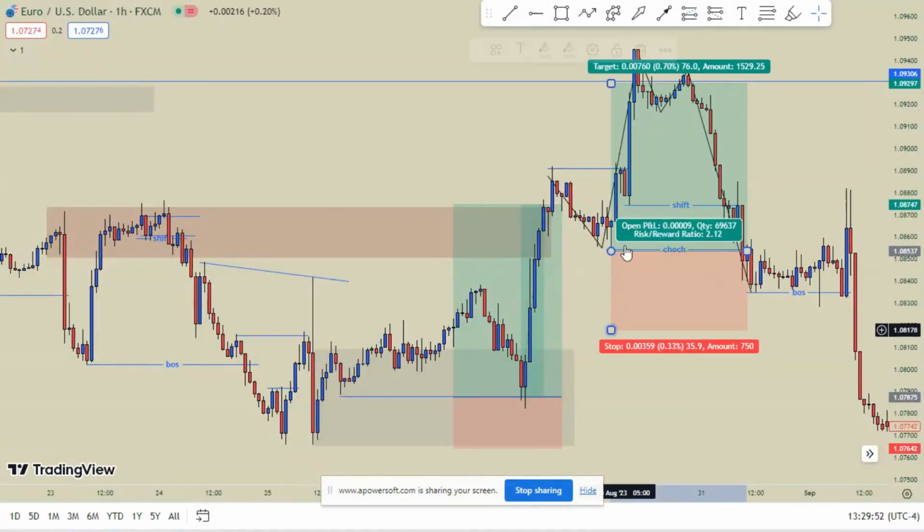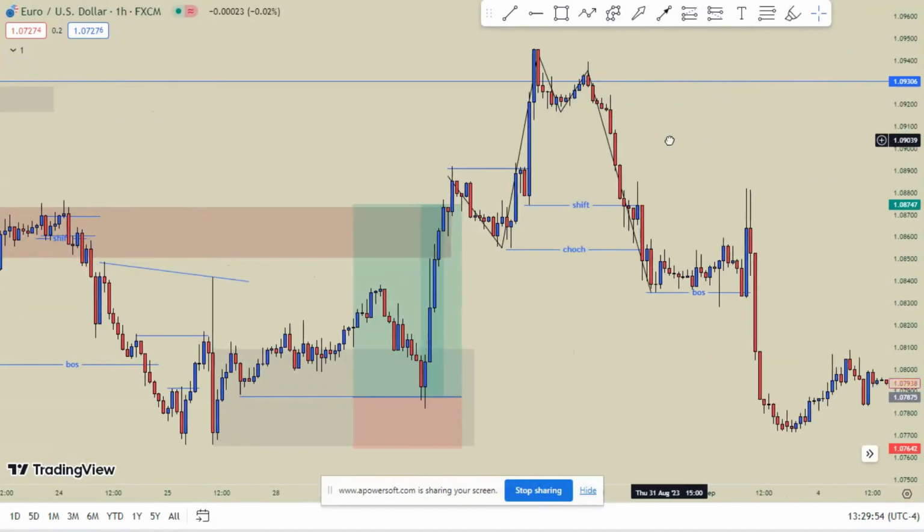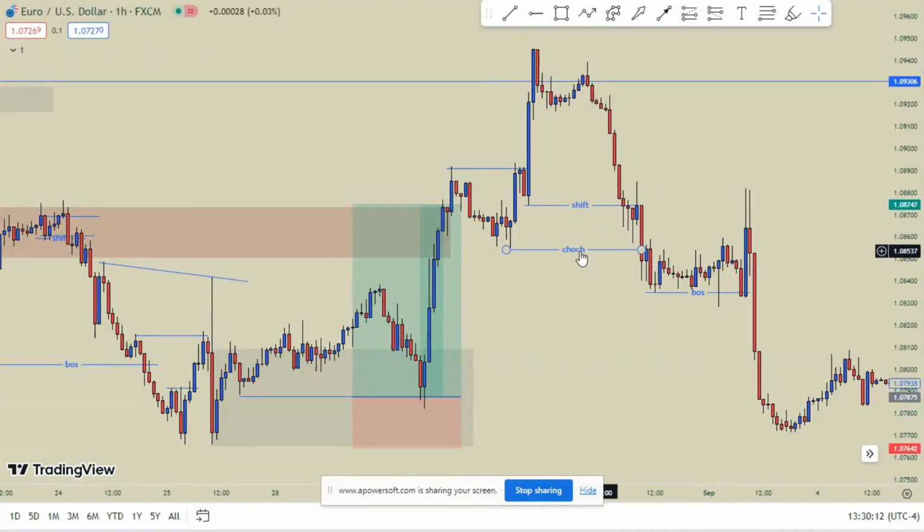So now, anyway, this is what I was explaining. We got another shift here. So now we start to ask ourselves, or we mark out, the most recent internal structures, the internal structures that have led to this break of structure or this change of character for the initial move. Which is this range over here.